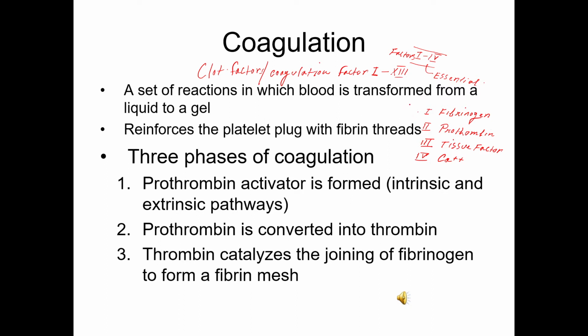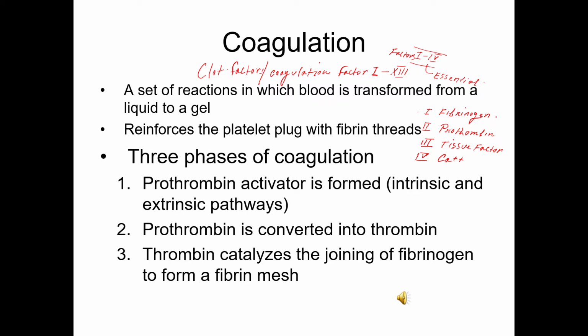Other factors, factor 5 to factor 13, those are also important for blood clot formation, but those are not essential. Lack of one or more of those factors will delay the clot formation. So the bleeding time will be prolonged, but eventually blood will get clot or clot will be formed.